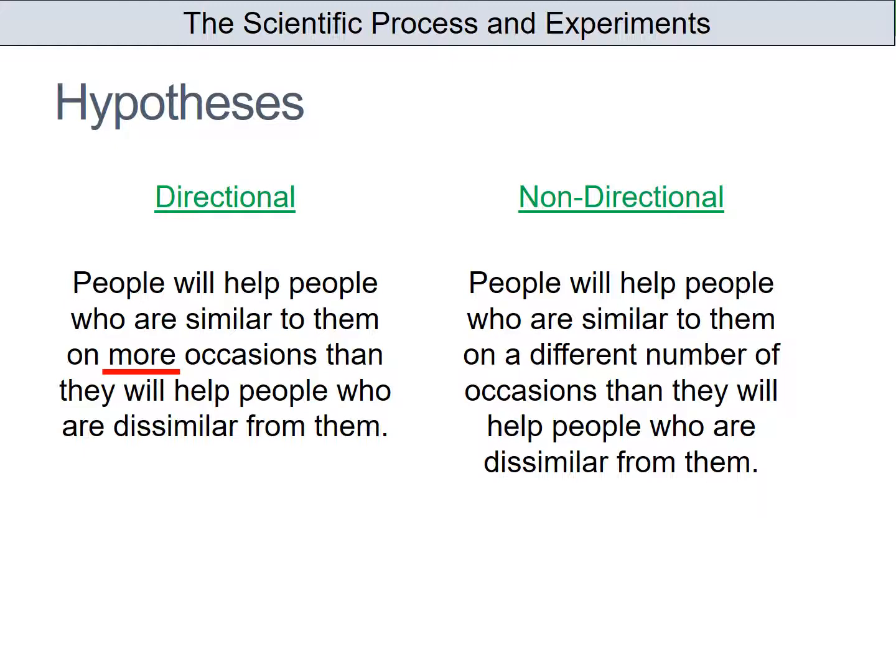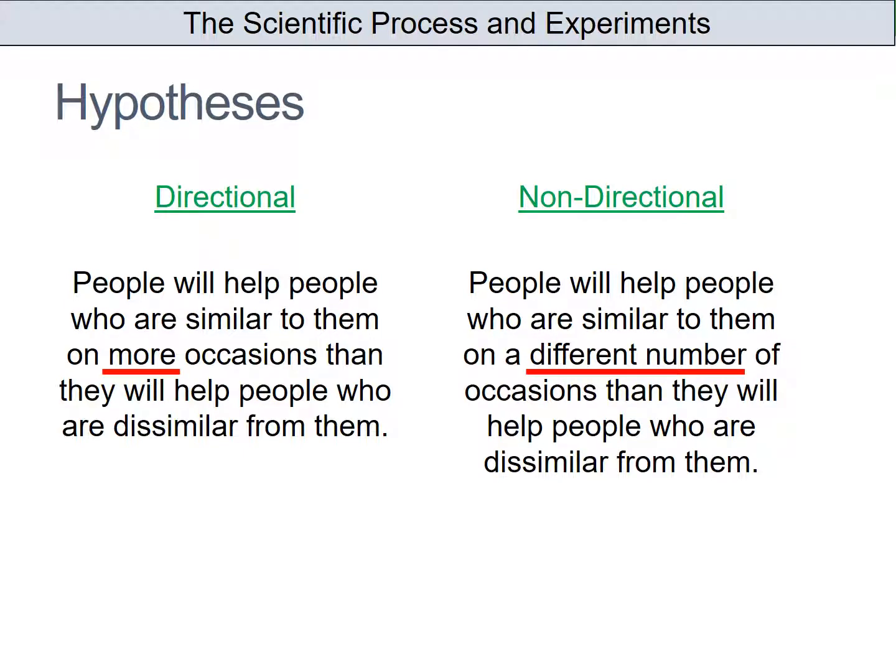So it could say less than. You're saying there will be a difference, and I'm saying you're going to help people more if you are similar to them. In the non-directional hypothesis, you're saying there will be a difference, so people will help people who are similar to them on a different number of occasions, but you're not saying whether that number will be greater or less than they will help people who are dissimilar from them.